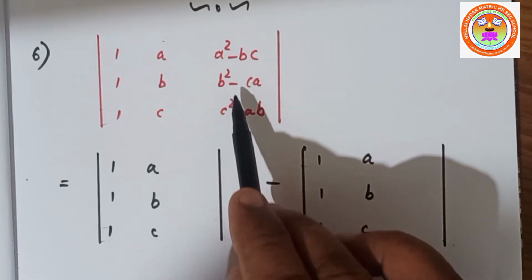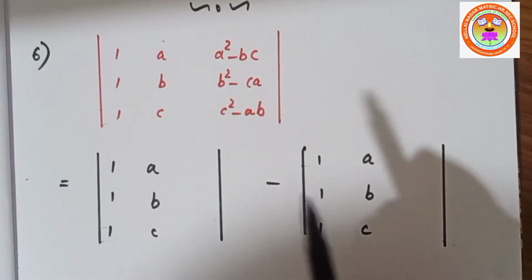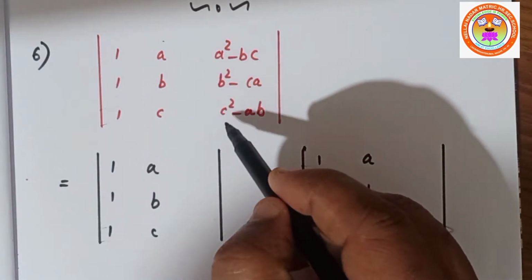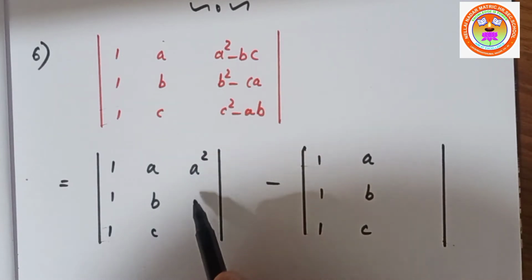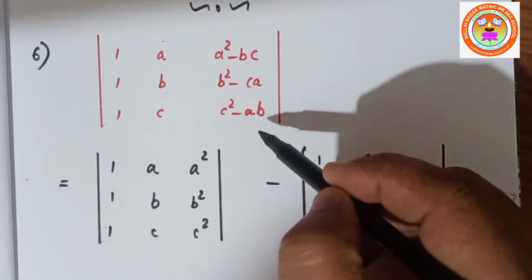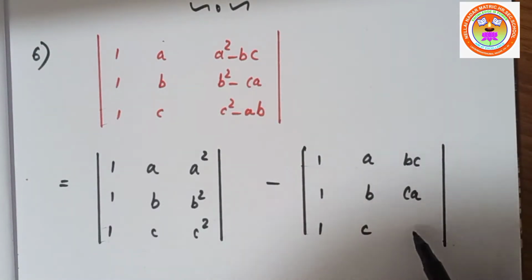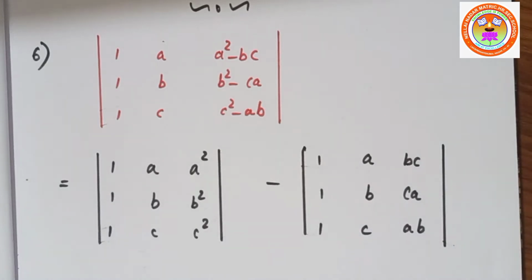Here at the center we have the minus sign, so I have written that the minus sign is common. Here A squared, B squared, C squared, so you write A squared, B squared, C squared. Here BC, CA, AB, write BC, CA and AB.